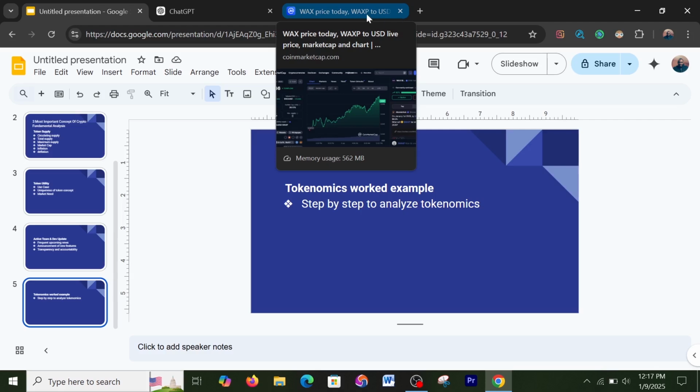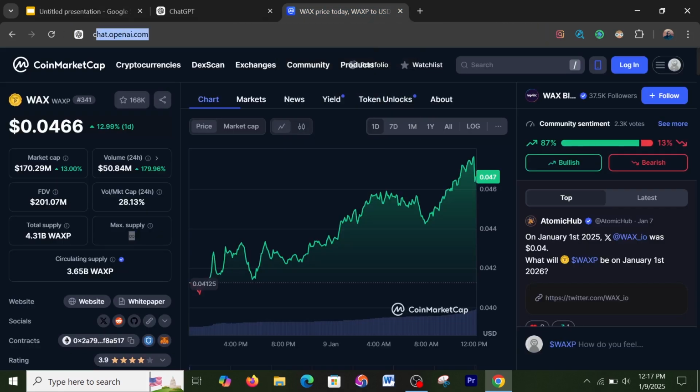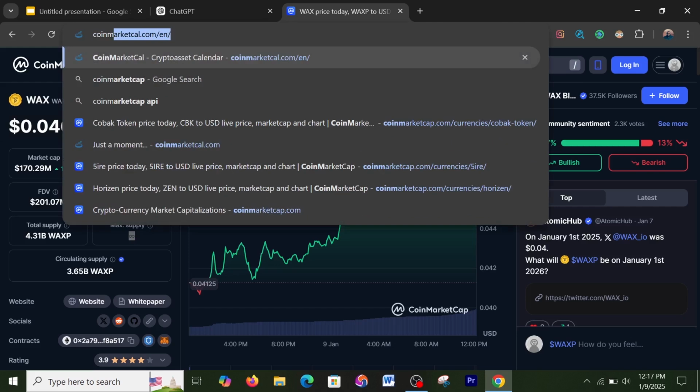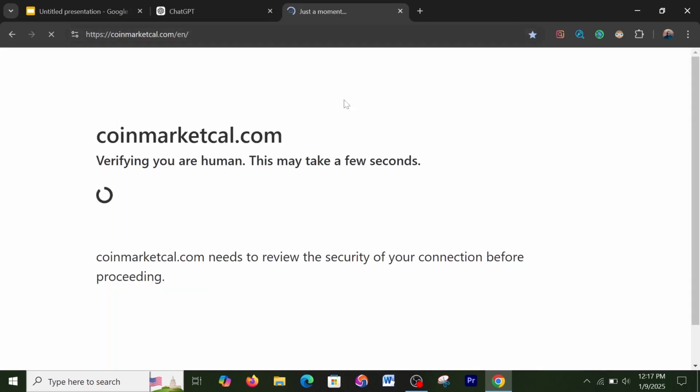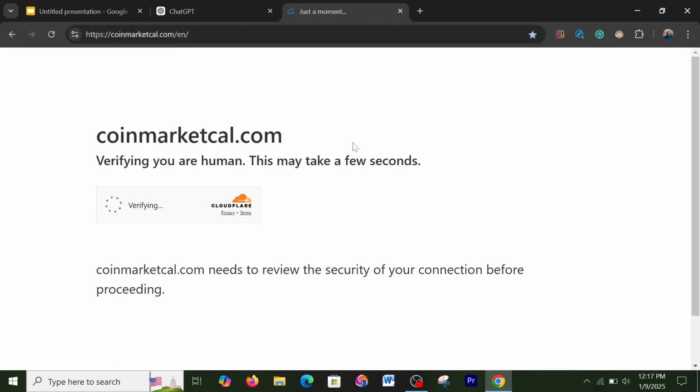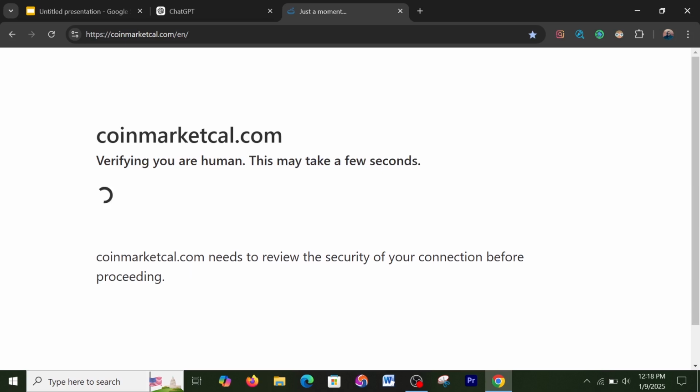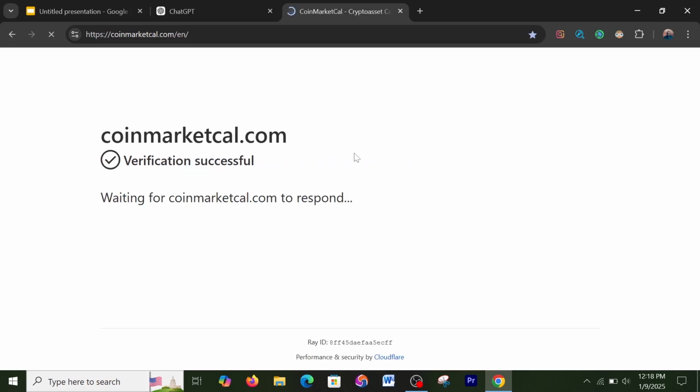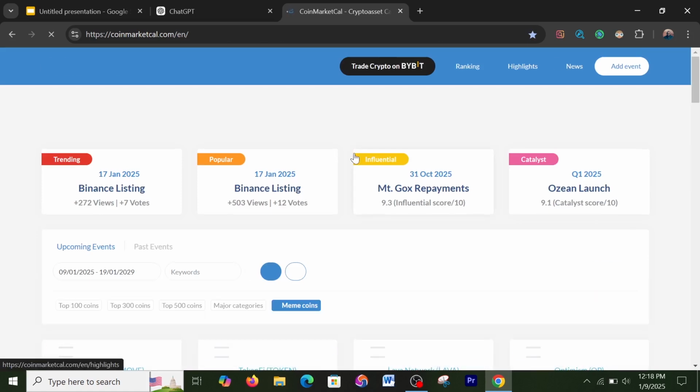So the first place to check if there is upcoming news about the token is CoinMarketCap. CoinMarketCap is the first place. So when you get to CoinMarketCap, we want to look at tokens with the most news.